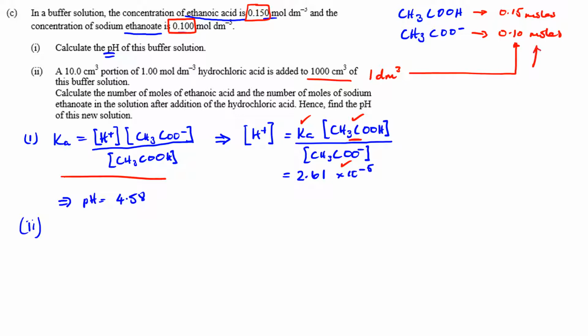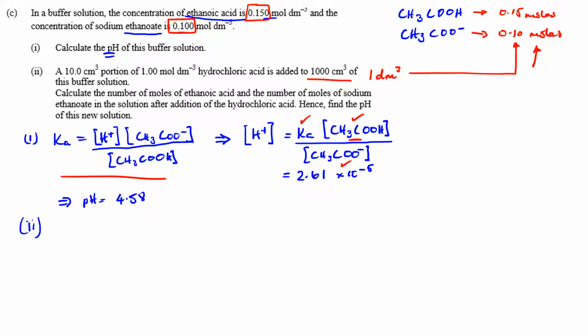That's what we've worked out already, and so I think the intuition that you need is that when you're adding those hydrogen ions from the hydrochloric acid, they are going to react with the conjugate base, i.e. the ethanoate ions, and that's in high concentration, of course, as is usual with a buffer.